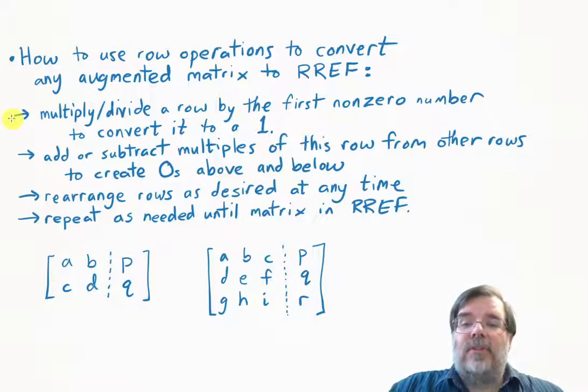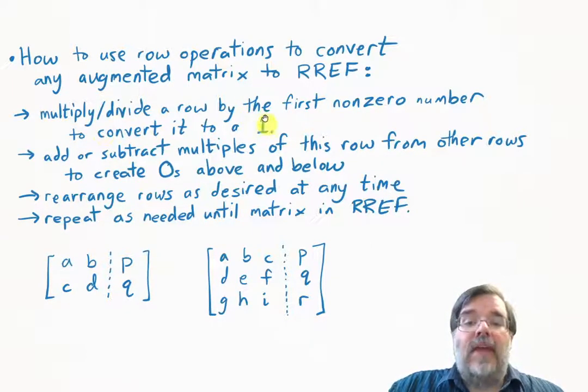The first step is going to be to multiply or divide a row by the first non-zero number in that row to convert it to a 1. One of the row operations is you can multiply or divide a row by a constant number. So for example, if I had this augmented matrix down here, I would take this first row and divide everything by a. That would put a 1 in this first position.